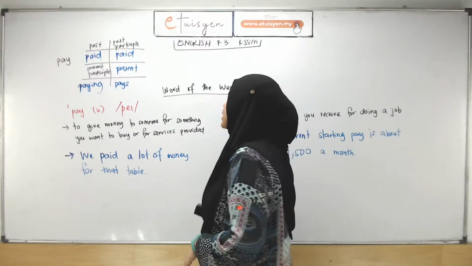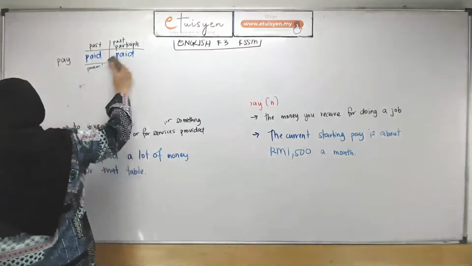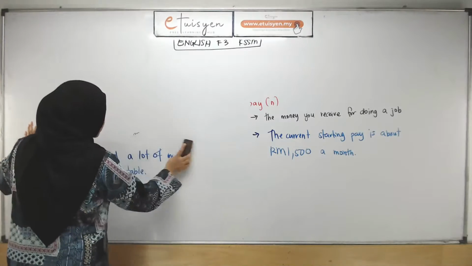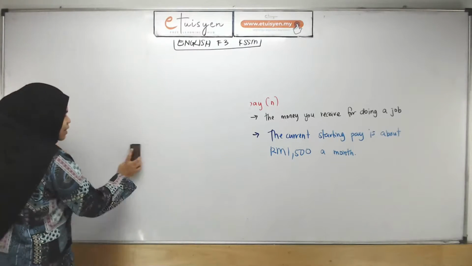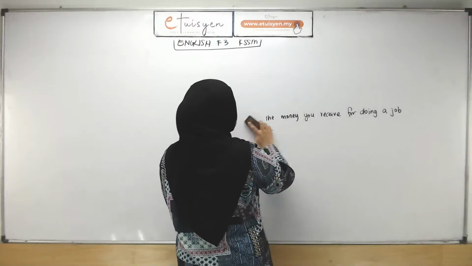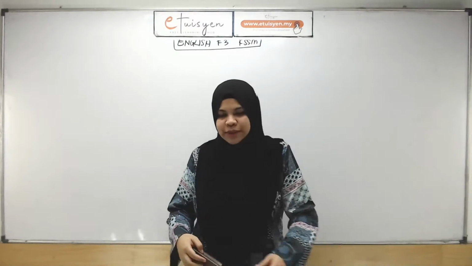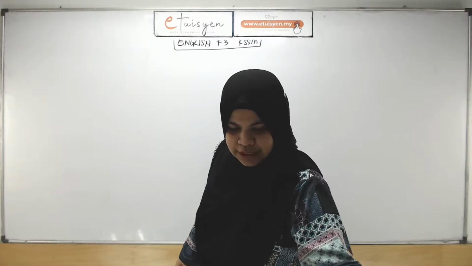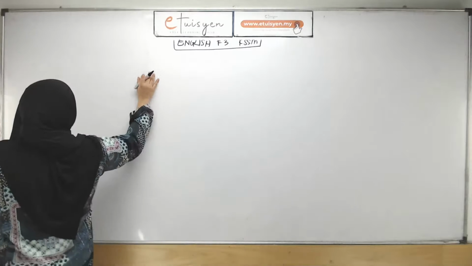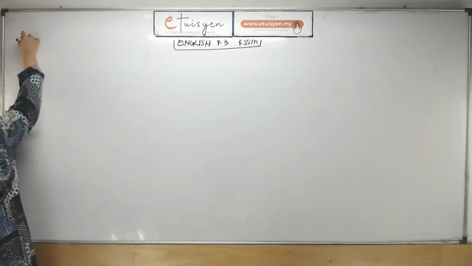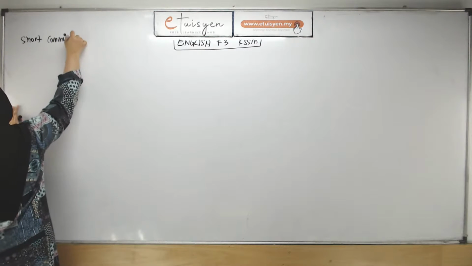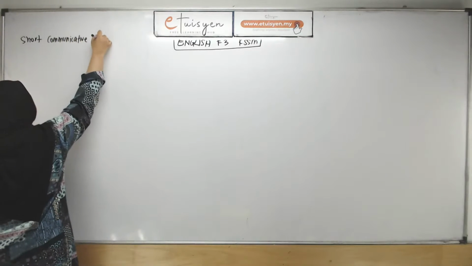Now, let's get started on the content. What I wanted to share with you, what we're going to do today is one example of writing a note. Now, for short communicative message. Okay, so this is your paper yang writing. Okay, short communicative message.